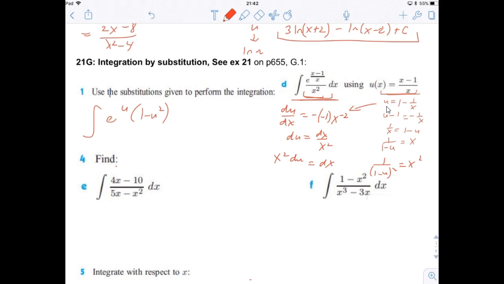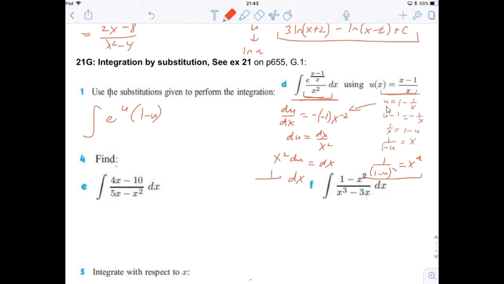And then if we wanted to put the x squared in terms of u, we could substitute in this expression that we already have here. So we would have dx equals x squared, which is 1 over 1 minus u squared. By the way, I wrote this wrong here. Did you see?